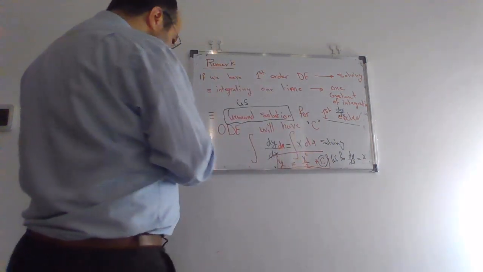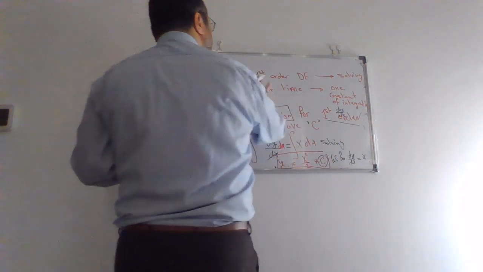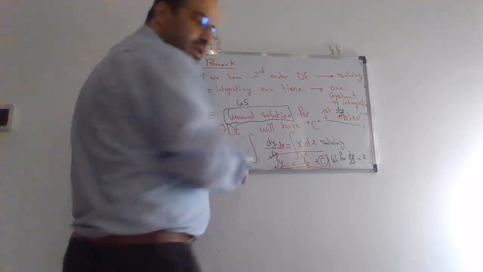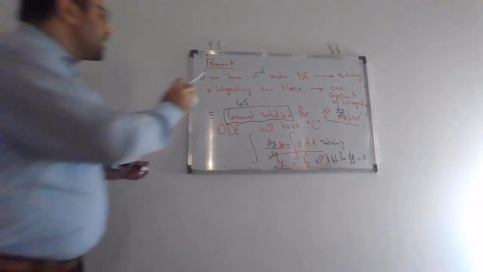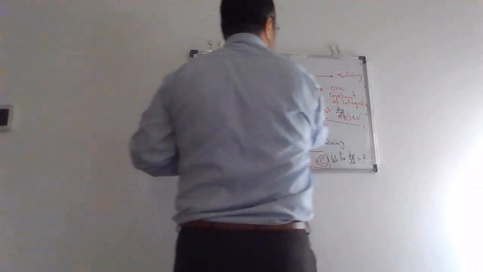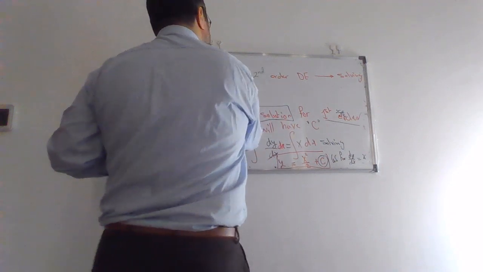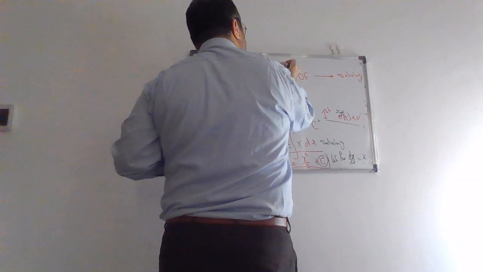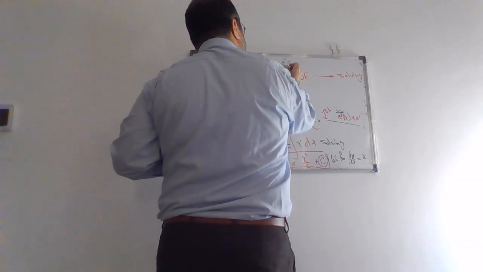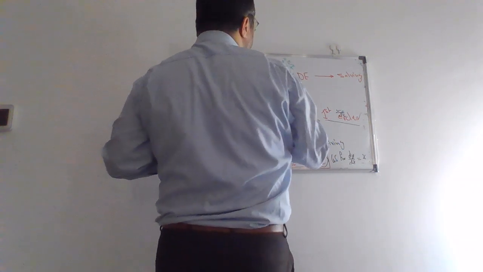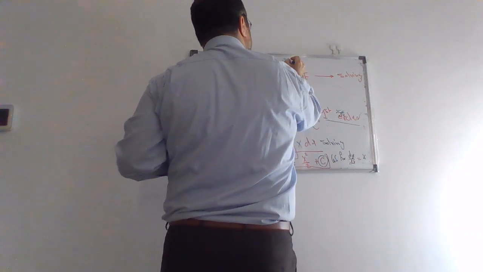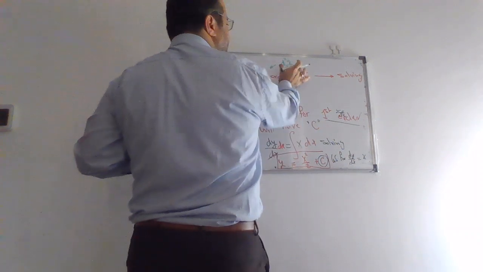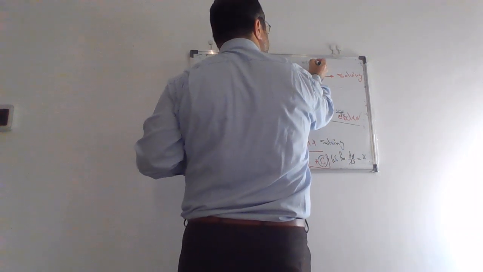So what's going to happen now if you have a second order differential equation? Then you have the second derivative, so you're going to have d squared y over dt squared, where the independent variable is t. This is acceleration, right?